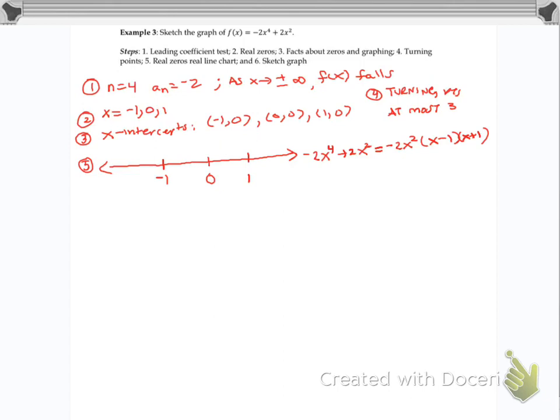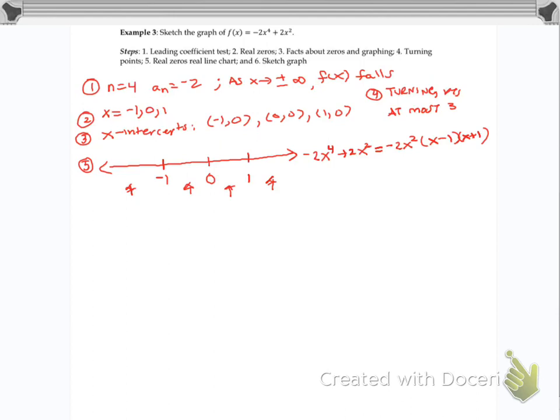Now we have to test a point. What the last page was saying is that the zeros of a polynomial function divide your interval, and you have to test a point in each interval. You don't have to write these arrows down because I'm about to erase them. We can choose any point we want. Remember, there's an infinite number of points on the real number line.